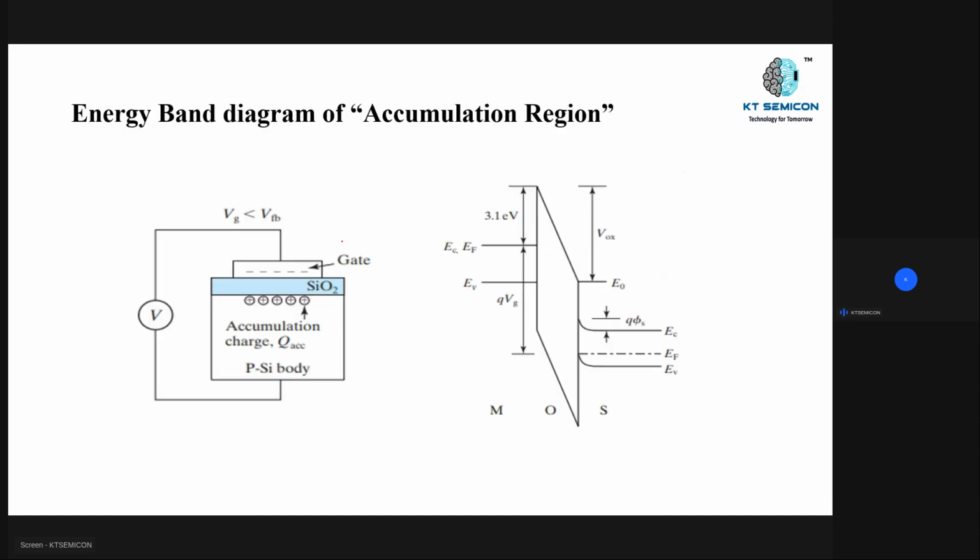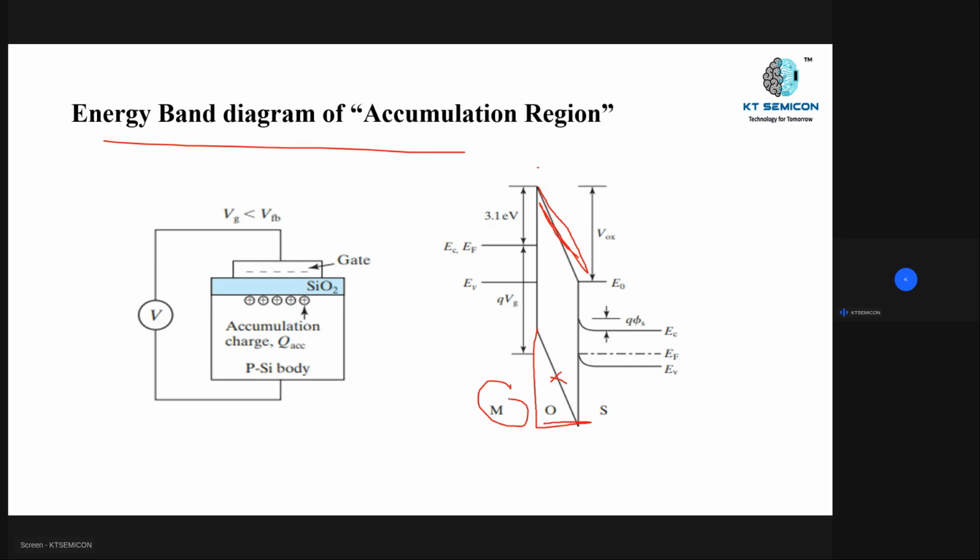Understand? So after that, this is the energy band diagram. This is the metal. So assume this is the diagram. We have more electric field, so this is the line for the electric field. My electric field is more at the gate, right? Gate means metal.